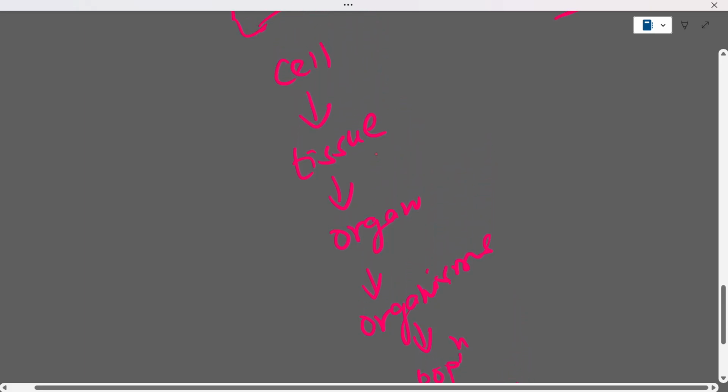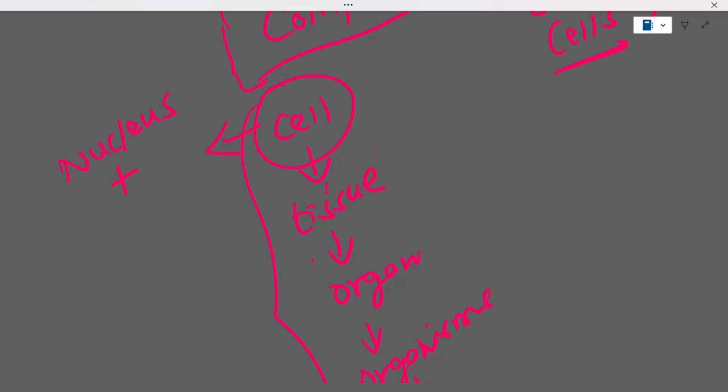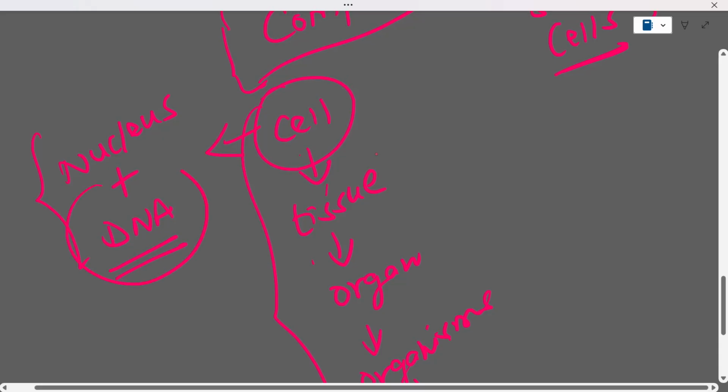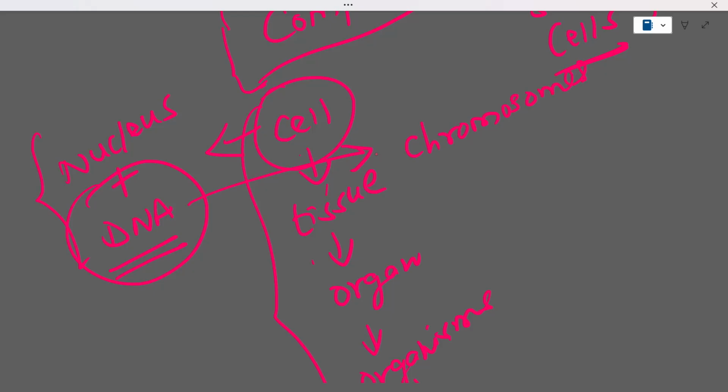So all in all, the basic unit is the cell, and this cell contains the nucleus plus DNA, the whole machinery. And this DNA is in the form of chromosomes, and chromosomes are nothing but this structure.